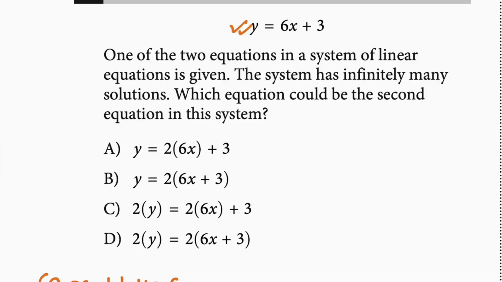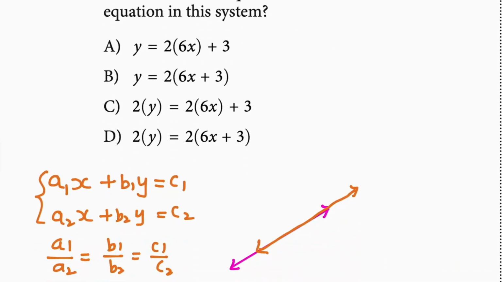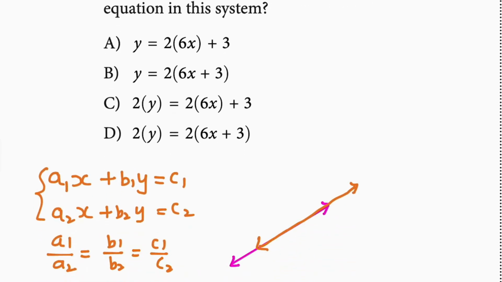Which lines are overlapping? That will be the solution. But here using a calculator may not be a very good option, because if I use this ratio concept, this question seems to be quite easy. Because you are familiar with the standard form, that's okay. The ratios should be equal, right?